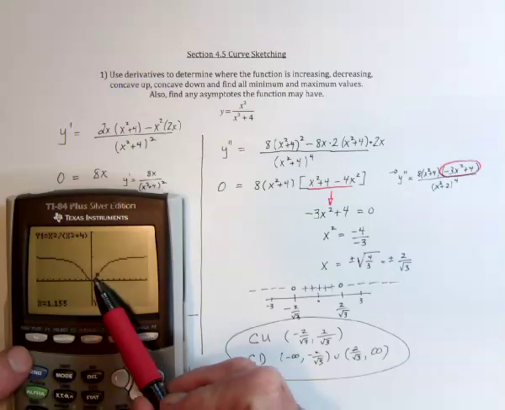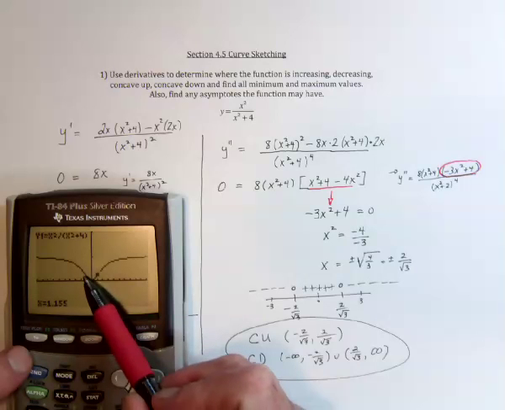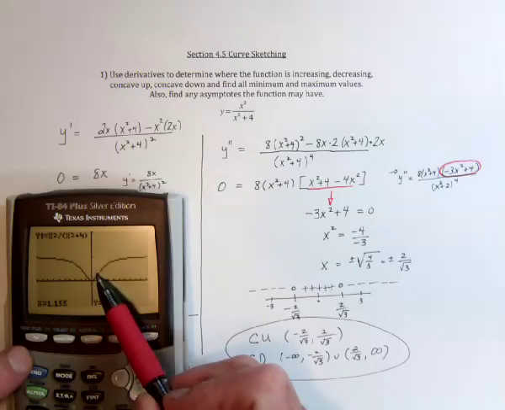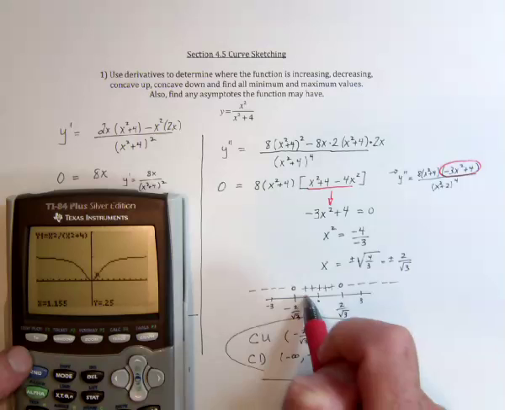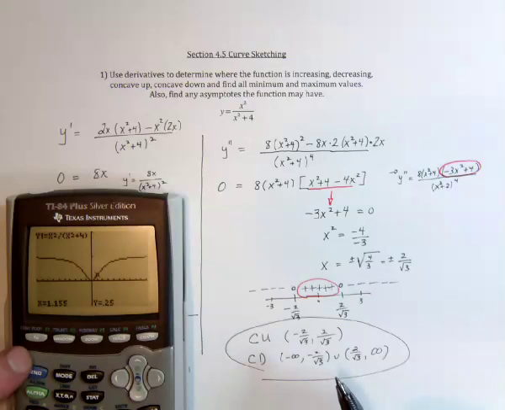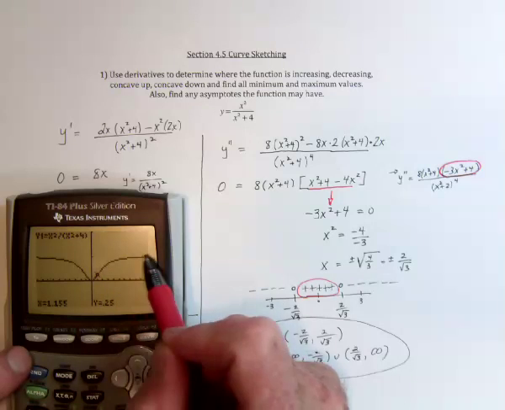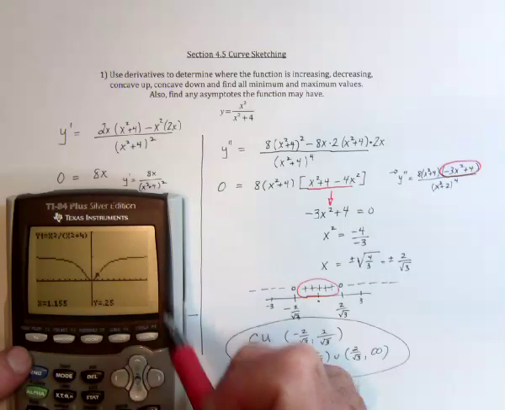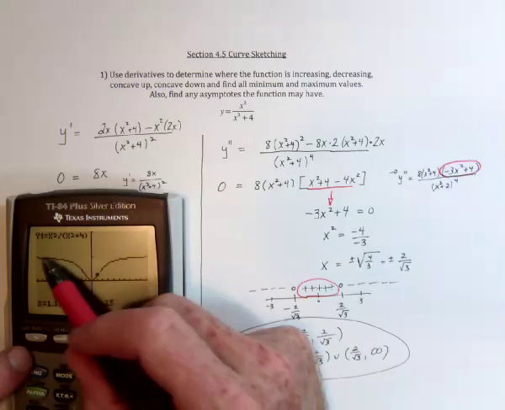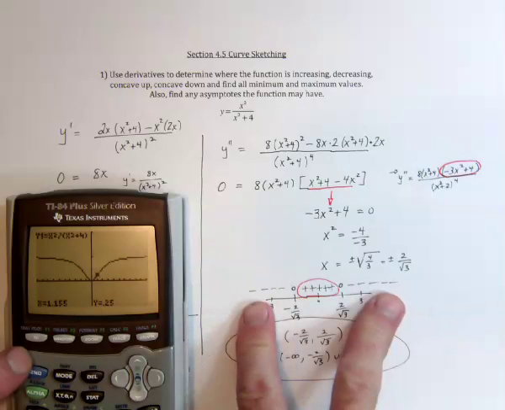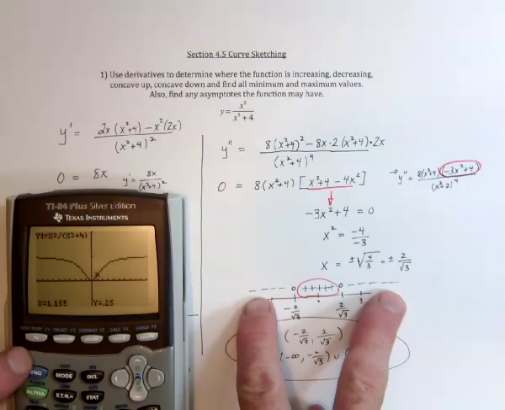Okay, so this middle part, which looks sort of V-shaped, is actually U-shaped. So this middle part is concave up. That's what this was telling us. And then this is arced down. Even though it's increasing, it's going up, but it's doing it in an arc down fashion. So this side's concave down, so the two outside ones are concave down. We got that part right.